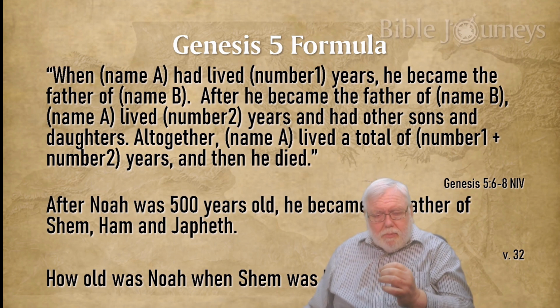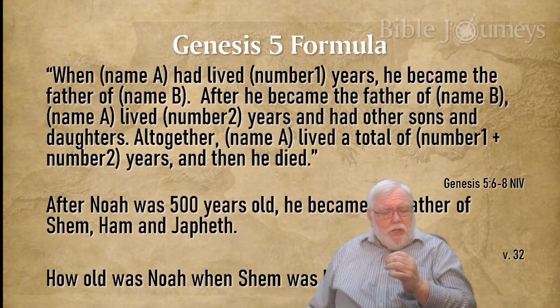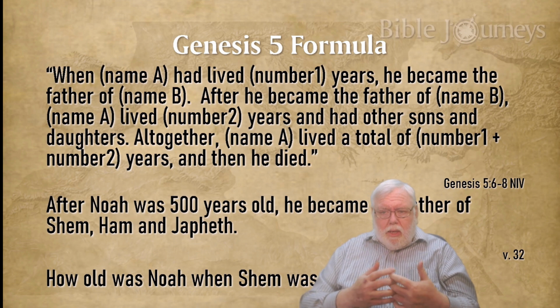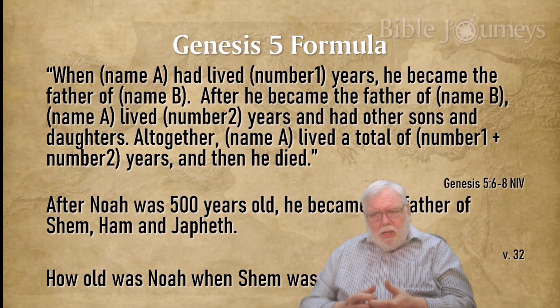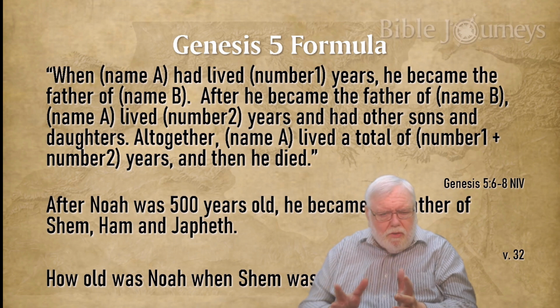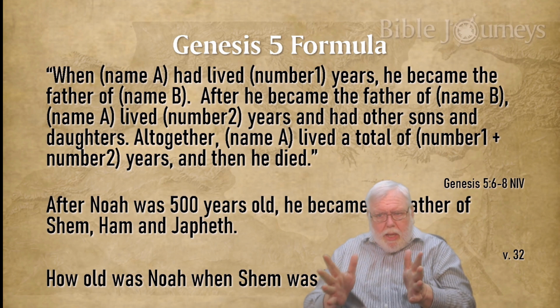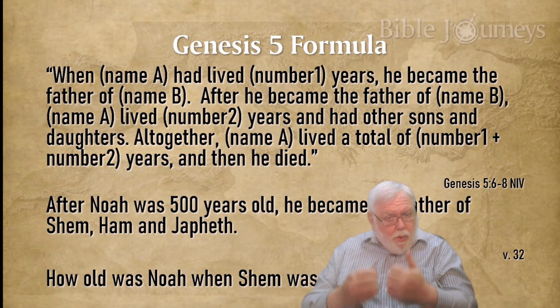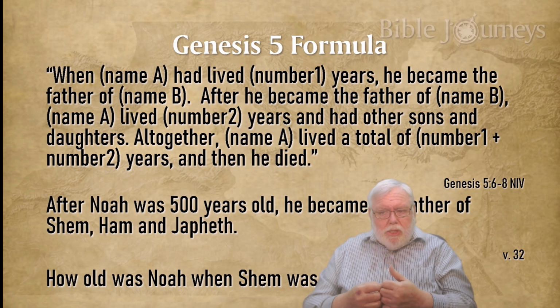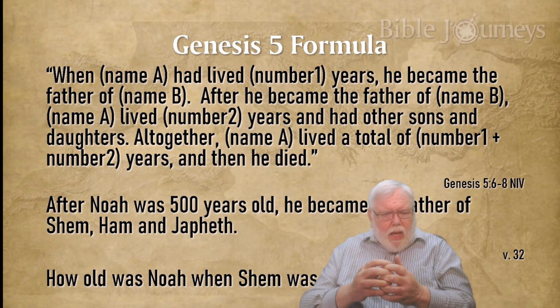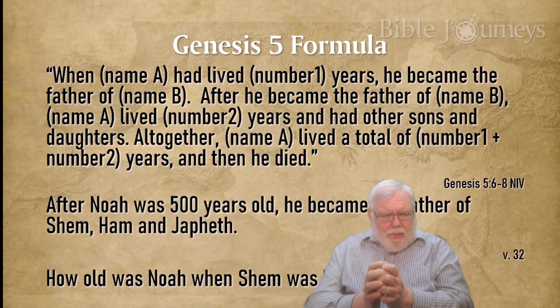Because unlike all the other generations, we don't have a statement that Noah was the father of Shem, and Shem was the father of Arphaxad, and so forth. It just says that Noah, when he was 500 years, he had these 3 sons. And again, they were not triplets, and Shem was not the first one. So there's something unusual about that.